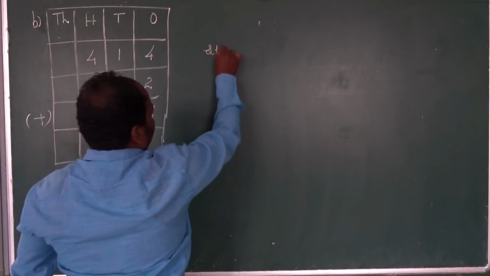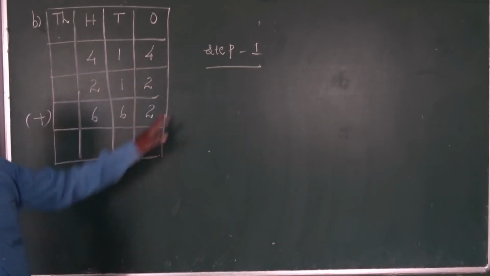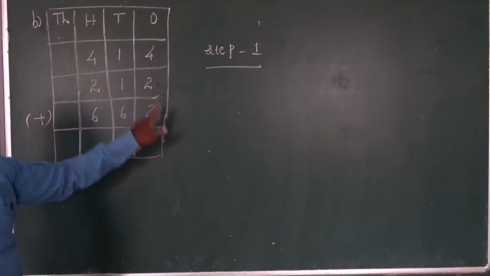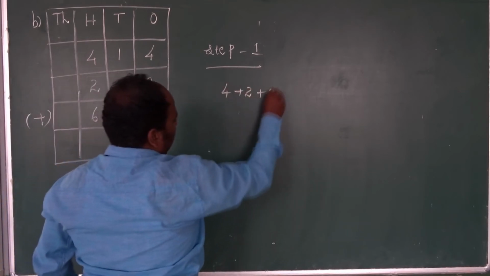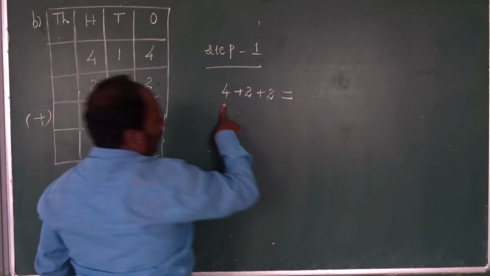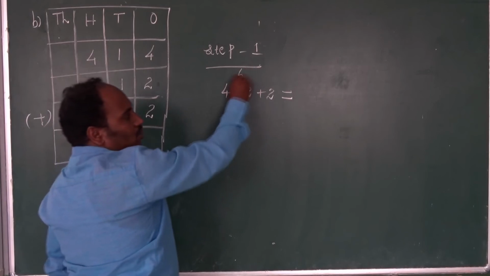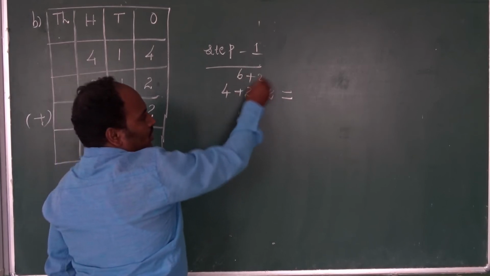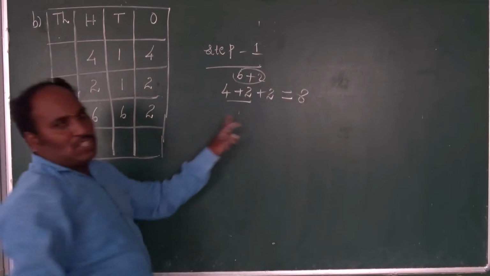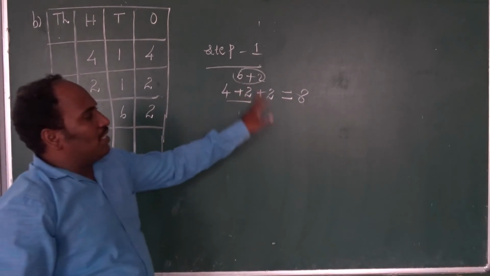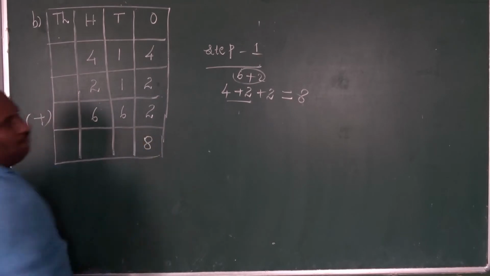So step 1, ones place: 4 plus 2 plus 2. 4 plus 2 is equal to 6, and 6 plus 2 is equal to 8. The number 8 is written in the ones place.